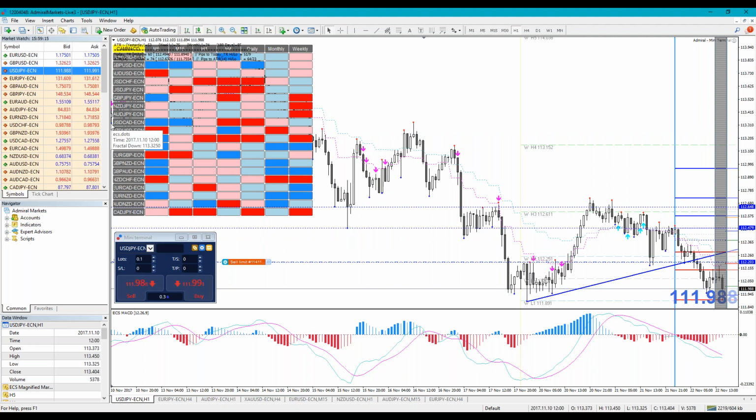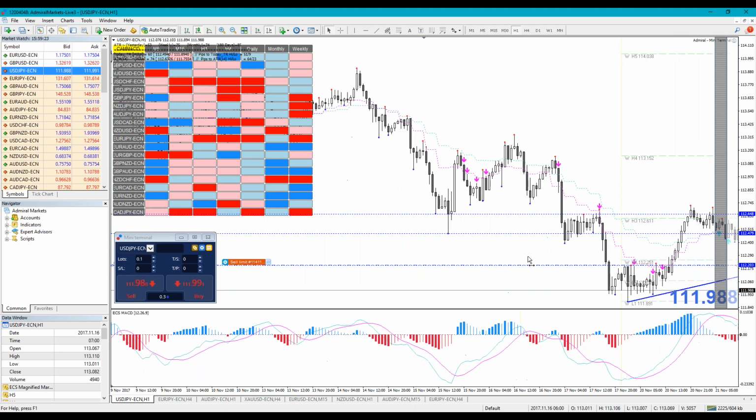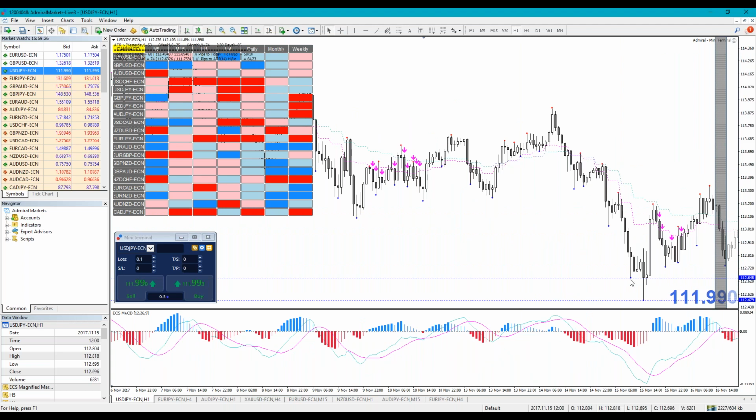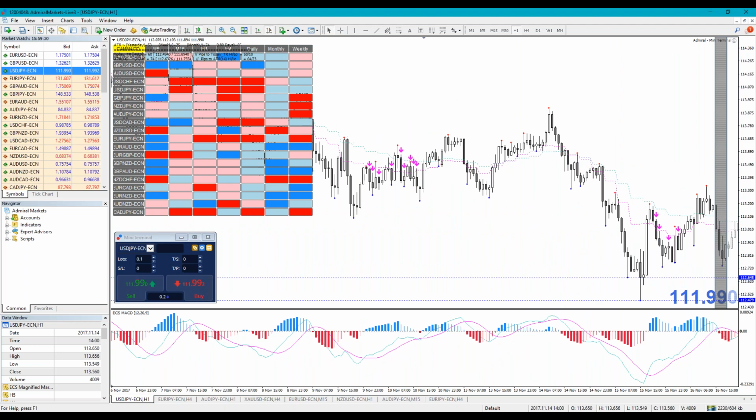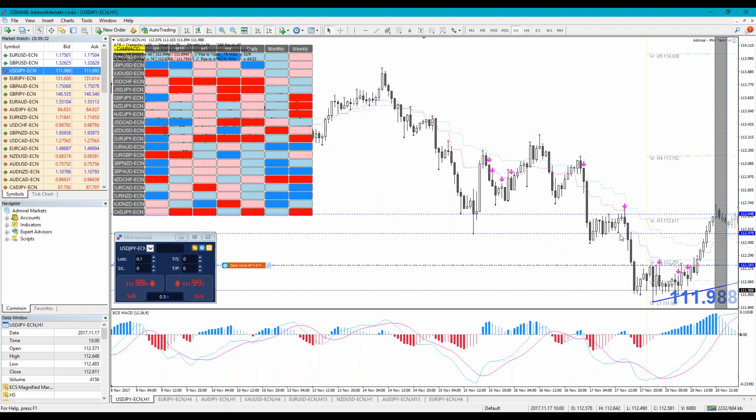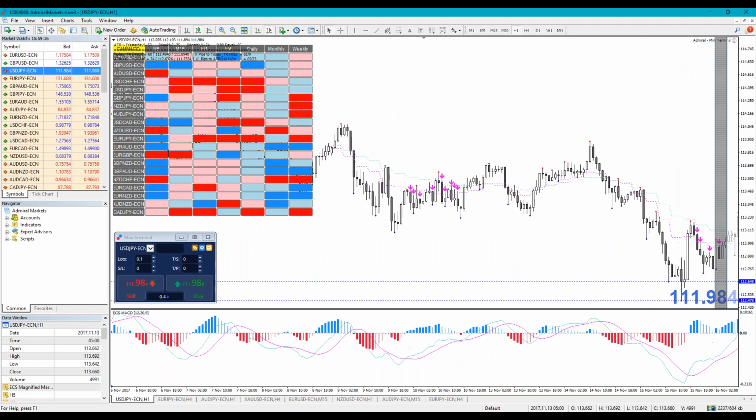A double bottom is always a stronger order block than a single price spike. So if we had a single price spike, and I saw a double bottom here, definitely this would be stronger. Now this is an order block, and we also see this one. So definitely this is a strong level.